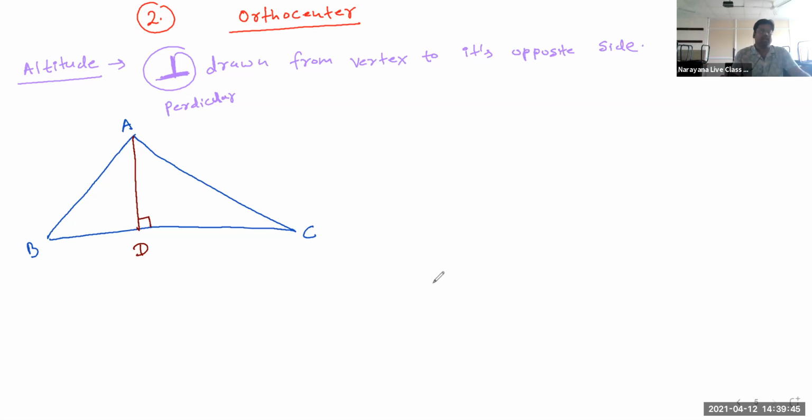Now, if you draw another altitude from point B, and drop a perpendicular on AC through B, let's take the foot of the perpendicular as E. So BE is another altitude through vertex B. Now let me draw another altitude.